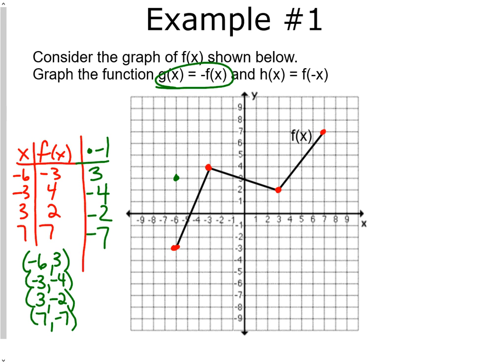Then negative 3, negative 4. Again, we can see that reflection. 3 comma negative 2. And then 7 comma negative 7. And now, if I connect my points, this is my g of x.